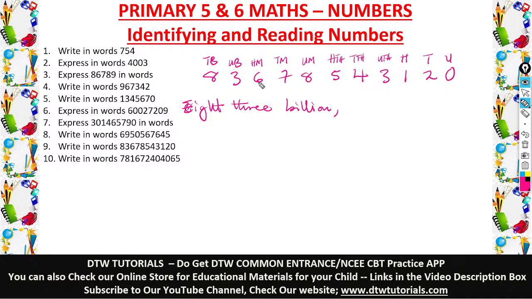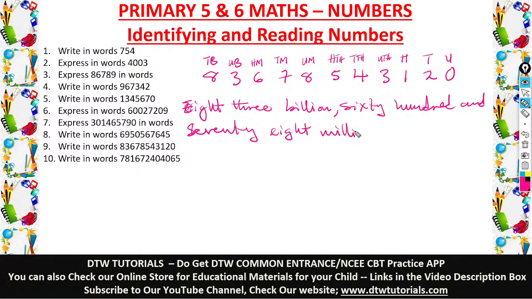comma, 600. This 6 is in 100. Okay. So you have to group these three together. So it will be 678 million, comma, then this will group together 500, 543,000 is in thousand.